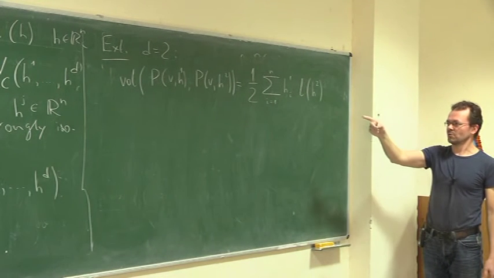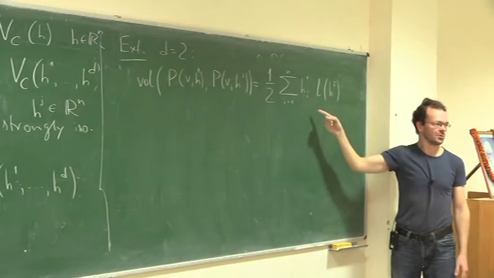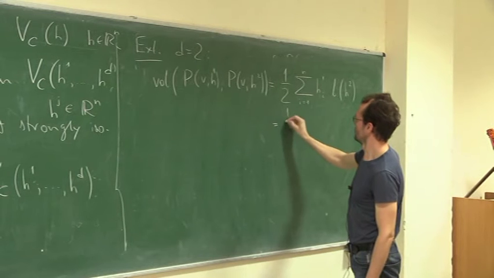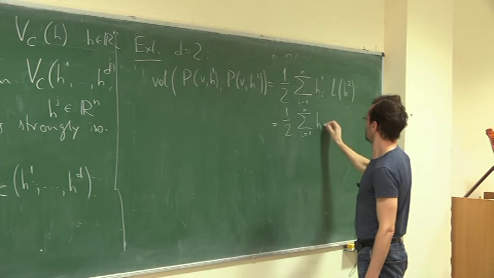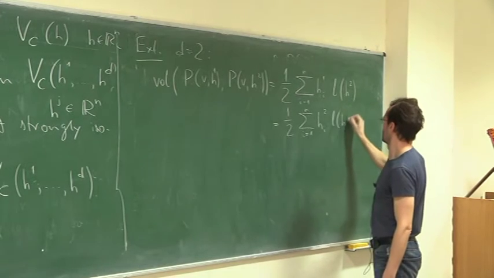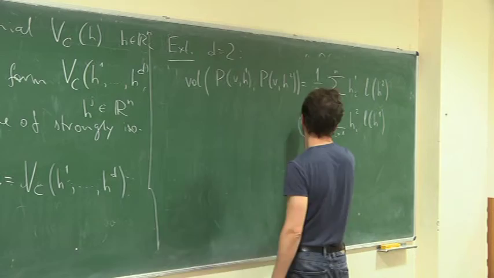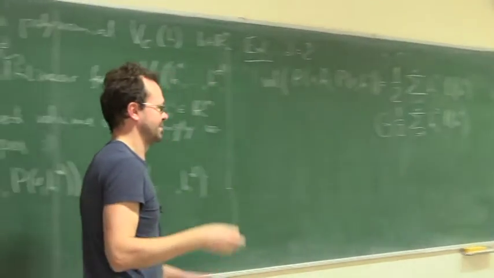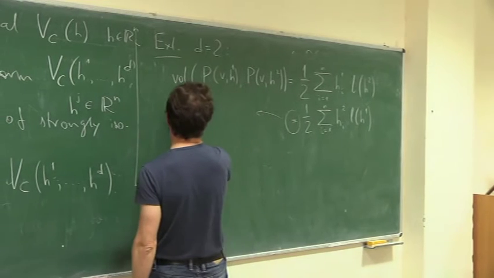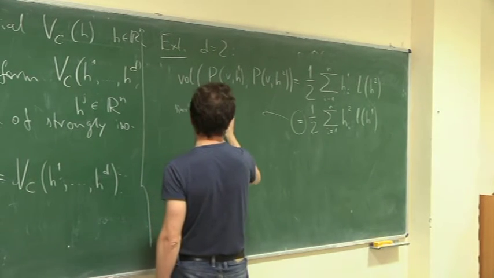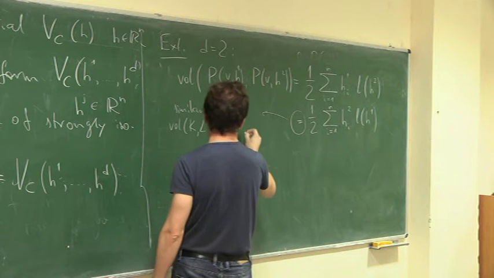It is not obvious that this formula is true because it is not obvious that this expression is symmetric in H1 and H2. It is symmetric because it is Hi2 L of H1. So this equality, in fact we had something similar to the formula for the mixed volume of K, L, so on L, which we had at some point.